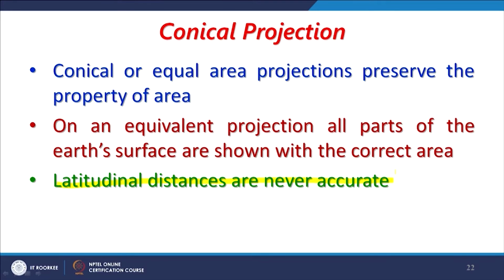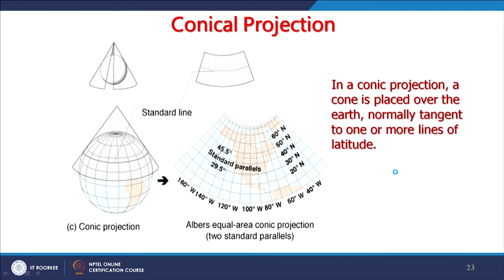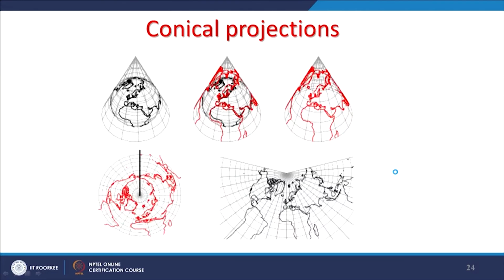So, again if somebody would like to do measurements, each projection has its own advantages and disadvantages. That is why I have repeatedly said it is a trade-off from one transformation to another, but where you are located or for which area you are working, that is important. So, by that you can really control a lot of things.